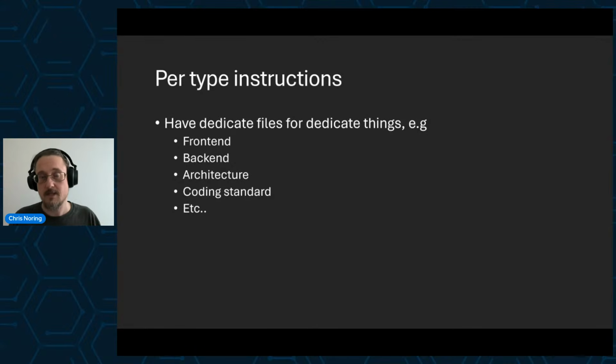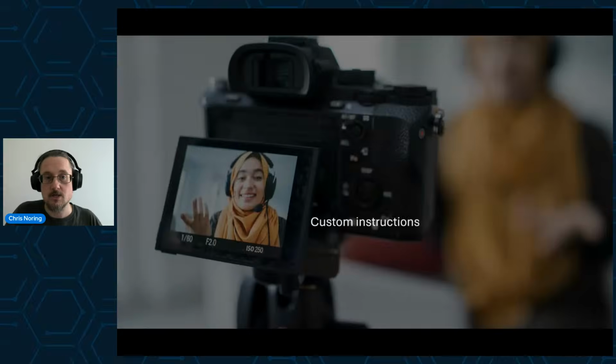I recommend that you still have information in that custom instruction file that is global, but if you've got things that are by certain topics, like front end, back end, architecture, coding standards, and so on, create separate files for those. It's going to make your maintenance a lot easier if you divide things up a little bit. So per type instruction. And let's see how we would actually do that.